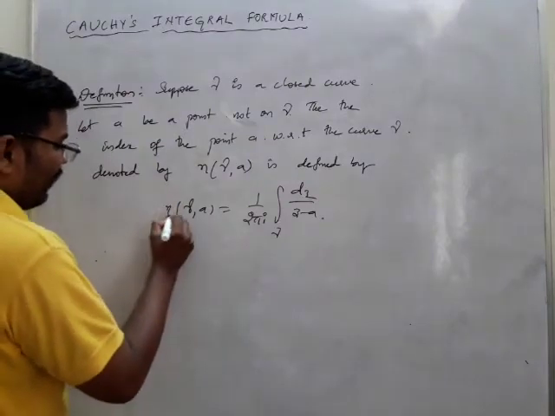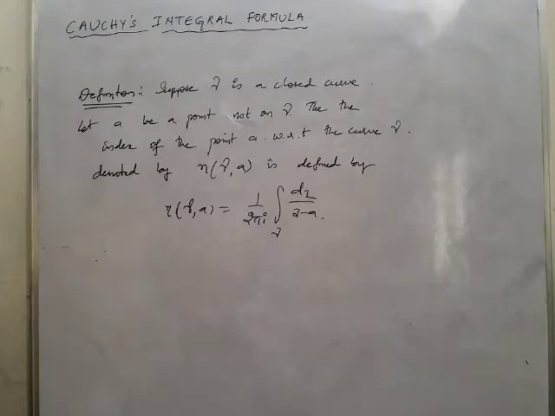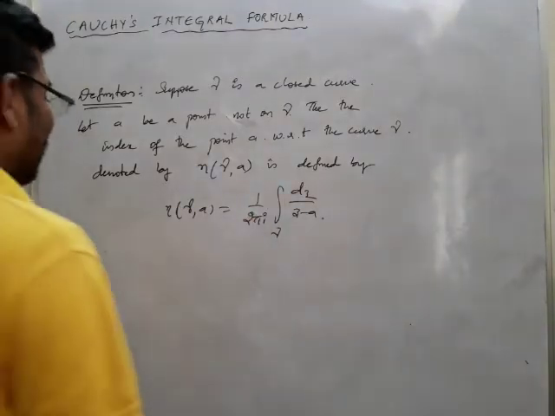This is what we are going to find out: n(γ, a) = 1/(2πi) ∫_γ dz/(z − a).